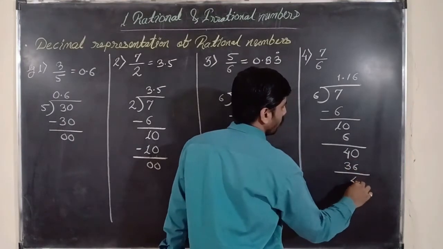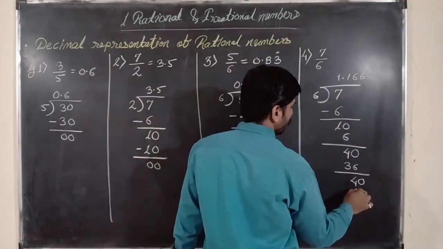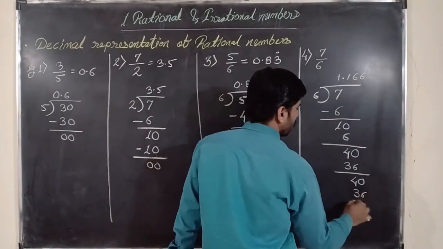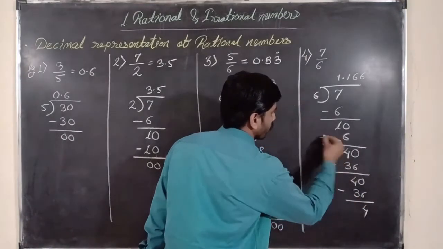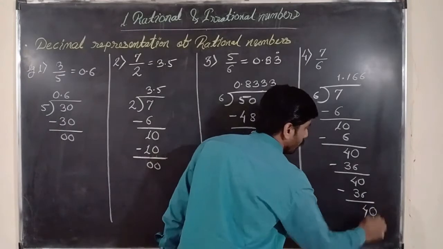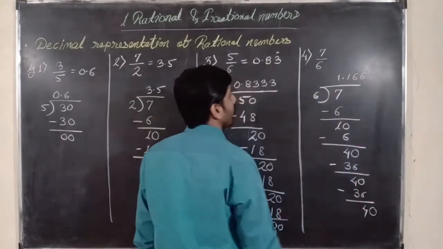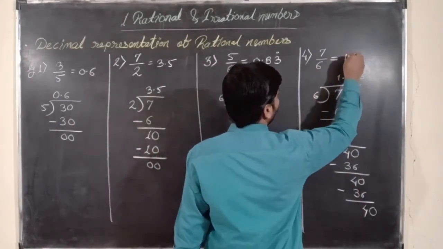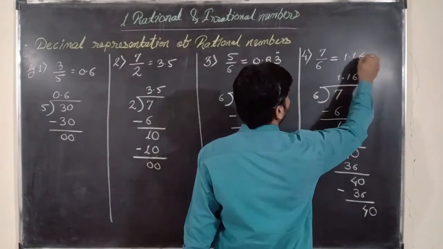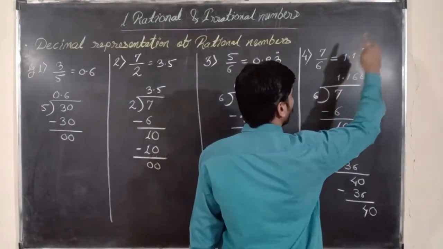Again the remainder is 4. So this will become 40. Again 6 sixes are 36. The remainder is 4. So this will become 40. So again this 6 is occurring infinitely many times. So we write this as 1.16 with a dot on the 6, and 6 is occurring again and again.